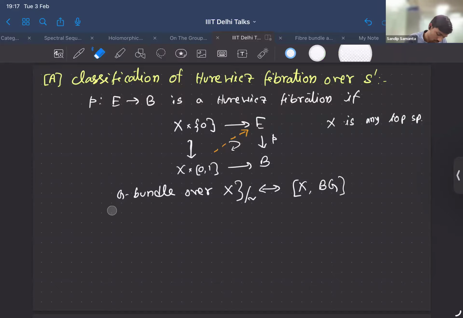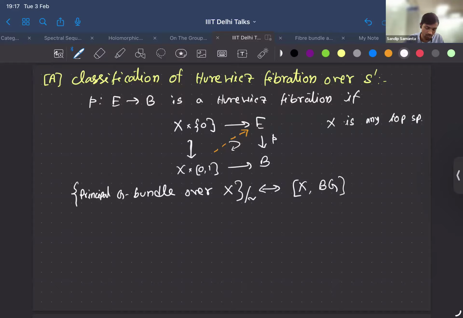So let's say principal G bundle, and there exists, for any group G, this space called the classifying space of G. So G is a group, then principal G bundles over X are in one-to-one correspondence with homotopy classes of maps from X to BG.